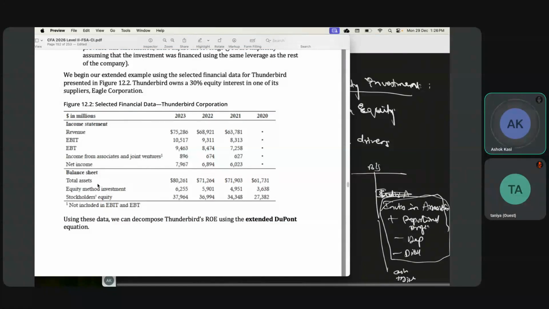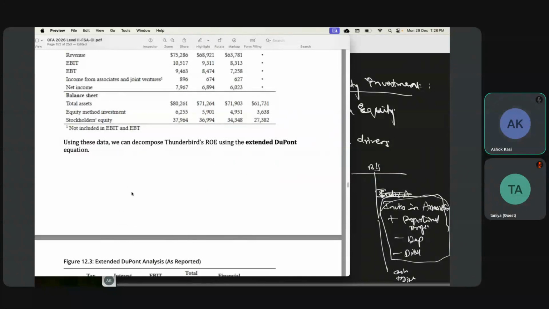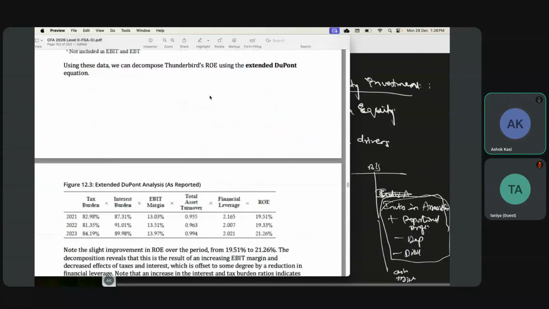And the balance sheet: total assets, equity method investments, stockholders' equity.